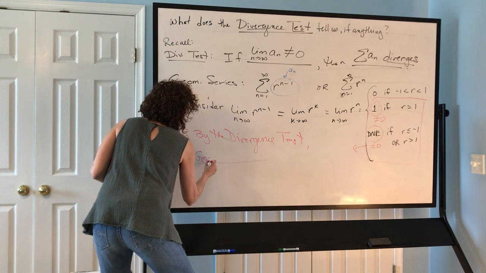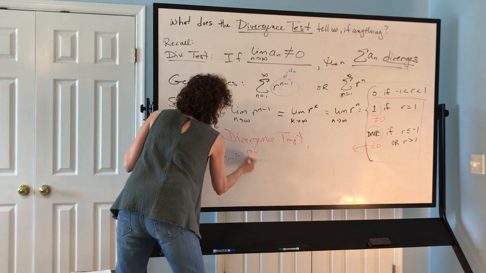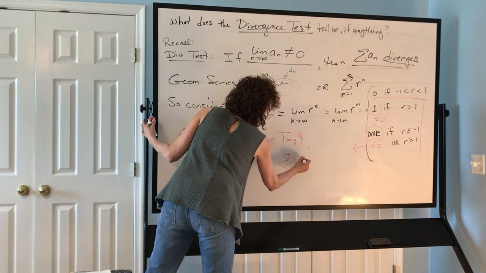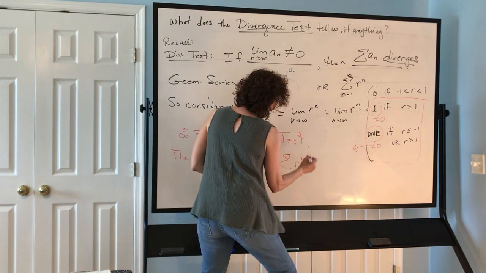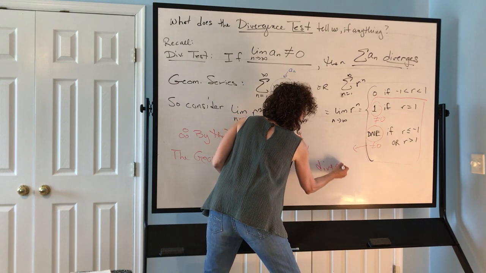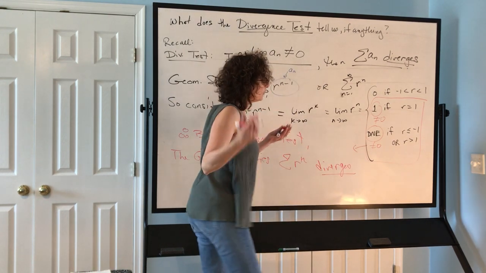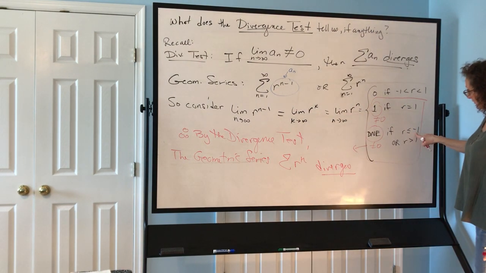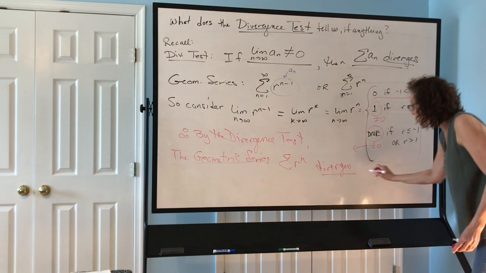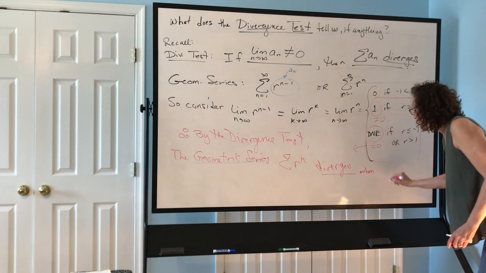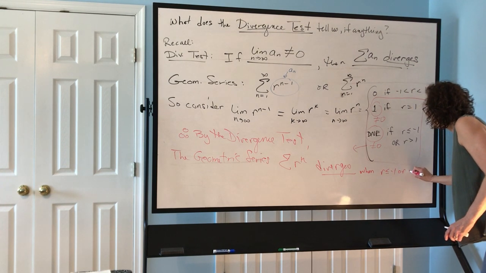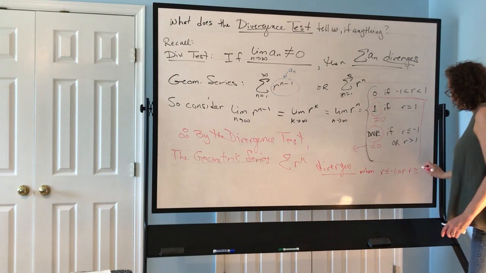the geometric series, sum r to the n, diverges whenever what is true about r? When r is less than or equal to -1, or r is greater than or equal to 1.